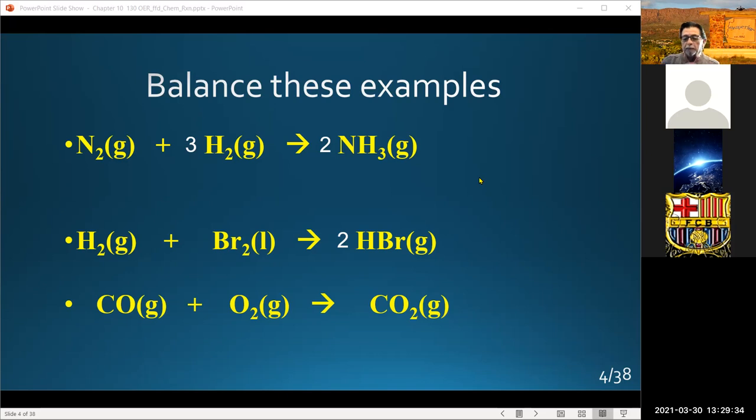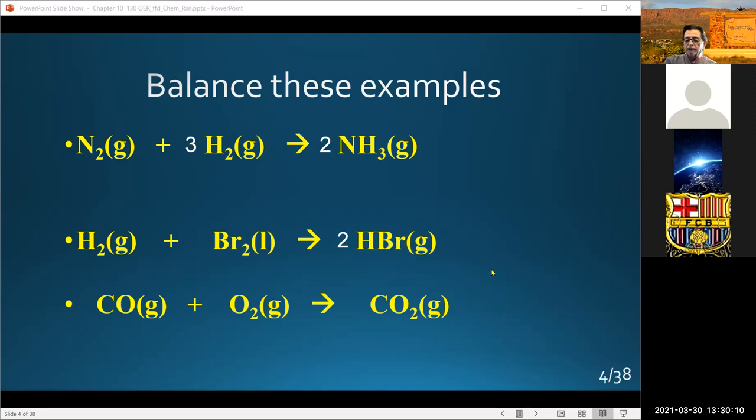Here we got carbon monoxide. Notice in the presence of carbon monoxide and oxygen, the reaction proceeds to give you carbon dioxide. So that's the words that you put into a formula. Carbon monoxide plus oxygen gives you carbon dioxide. Now to balance this is a little bit more challenging, because I got 3 oxygens on the left-hand side and I got 2 on the right-hand side, and the carbon is balanced, okay?